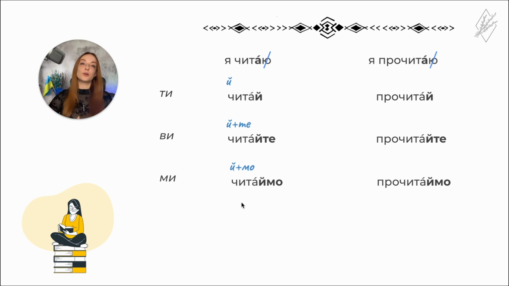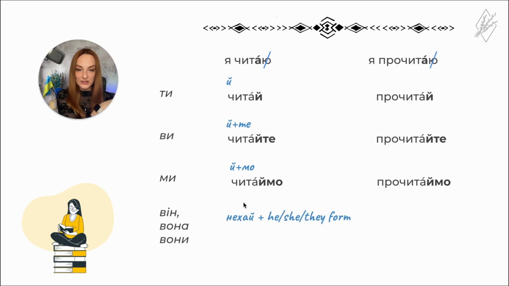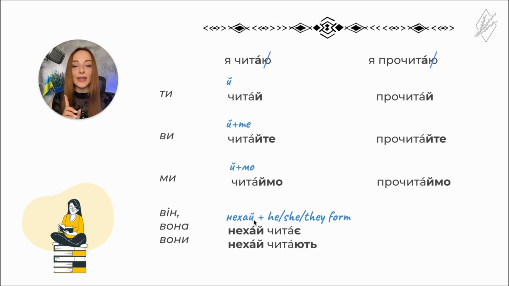And another form is when we say let him, her or them read something. Then we use the word нехай. You need to remember this word, нехай. Sometimes it could also be just хай, without the prefix не. And after it, the he, she or they form of the verb, just in the present tense, or in the future tense for perfective verbs.